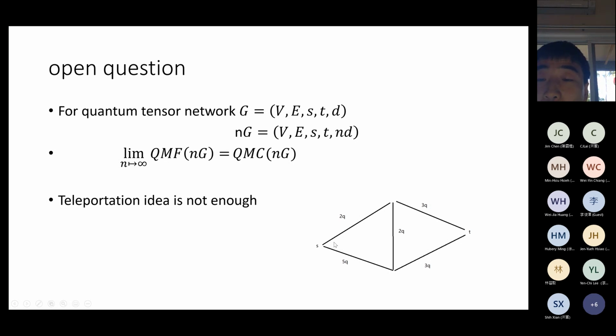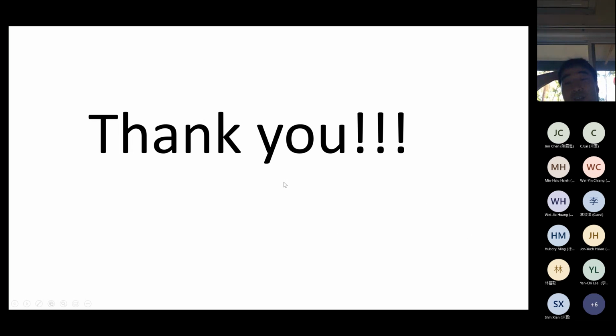But for a prime number, you cannot assign the integer program we gave to show that, for a sufficiently large prime number, one can assign an integer flow such that the flow value is 9Q squared. So probably to show this conjecture, we need other ideas. Yeah, this ends my talk. Thanks.